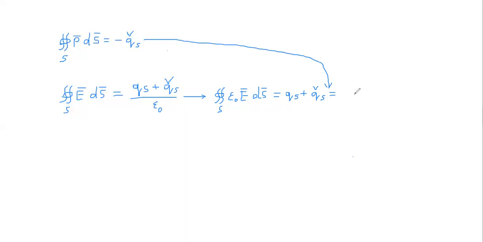According to this, it can be written as Q_S minus surface integral of P dS.